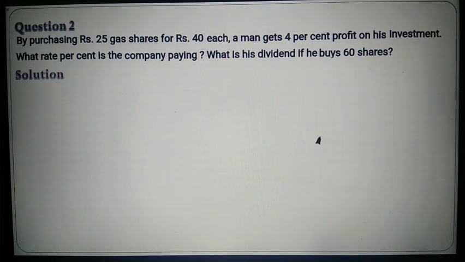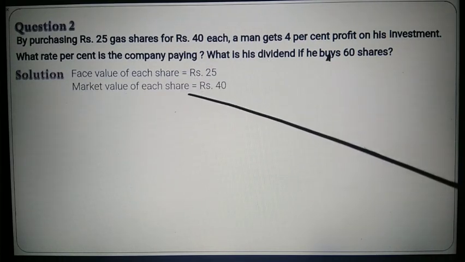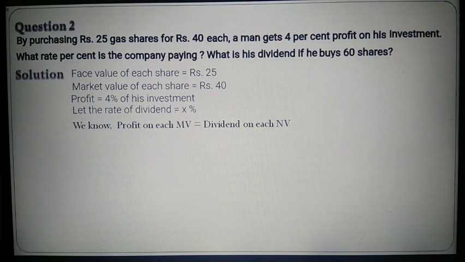Let us begin the problem. Whatever is given, I am noting down. Nominal value or face value is 25, market value is 40, and profit is 4%. They are asking us the rate of dividend. Profit on each market value equals dividend on each nominal value.